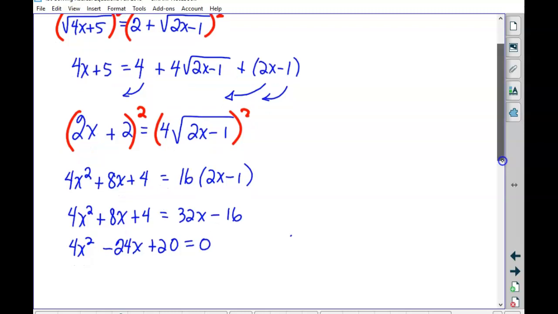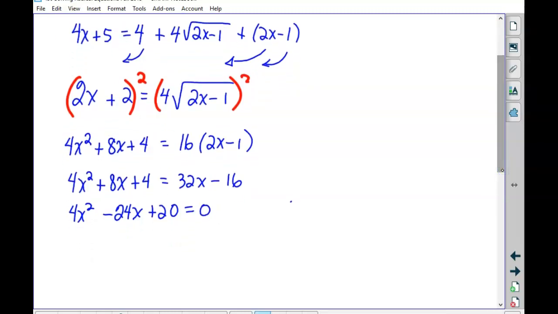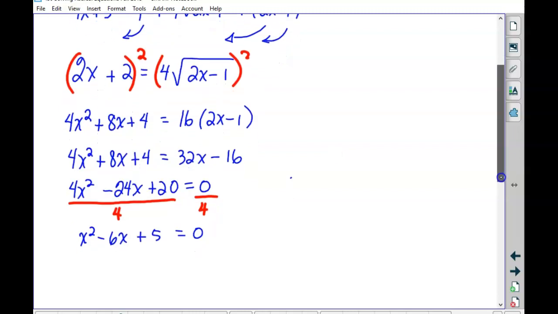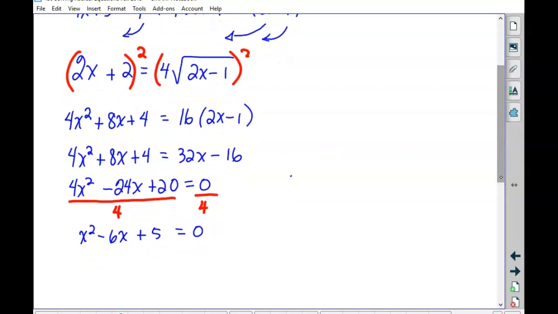Okay, and now we can divide by 4. And then here we can factor that. x minus 5 times x minus 1.